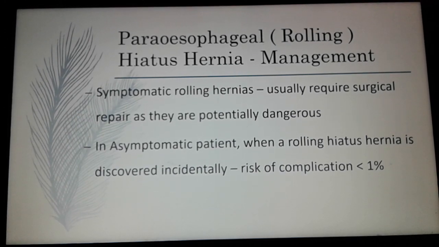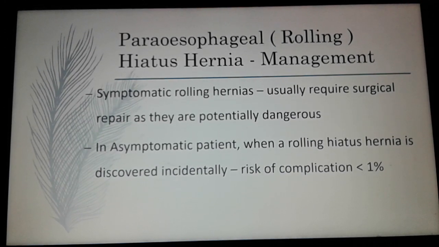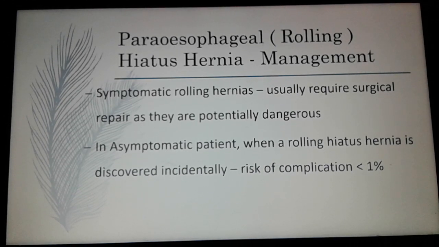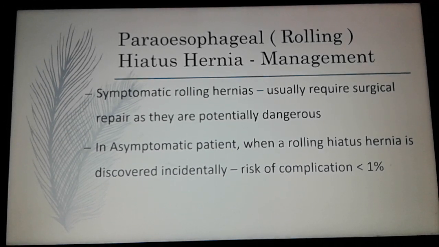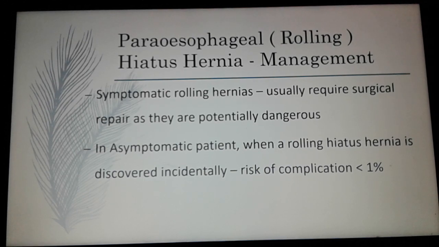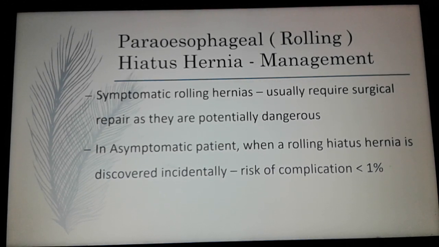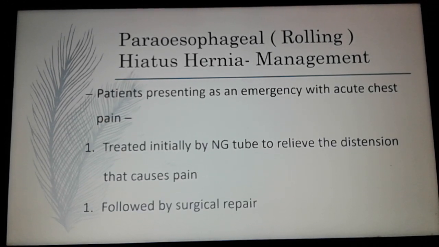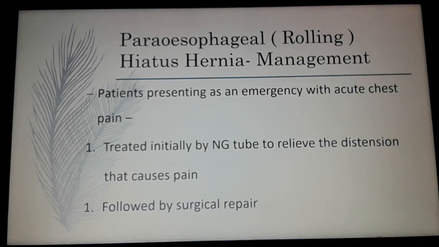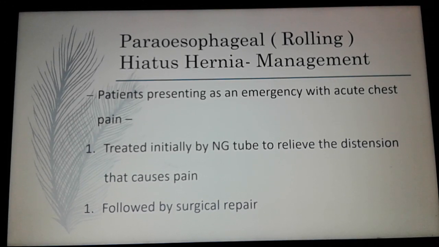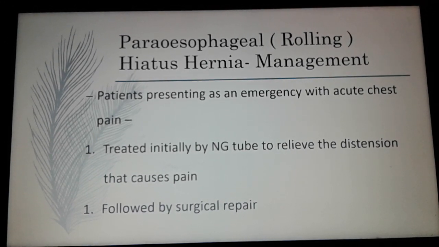Whereas symptomatic rolling hernias almost always require surgical repair as they are potentially dangerous, as already told you, given the various complications of this type of patient suffering from rolling hiatus hernia if untreated. So in asymptomatic rolling hiatus hernia, just observation, don't do anything.